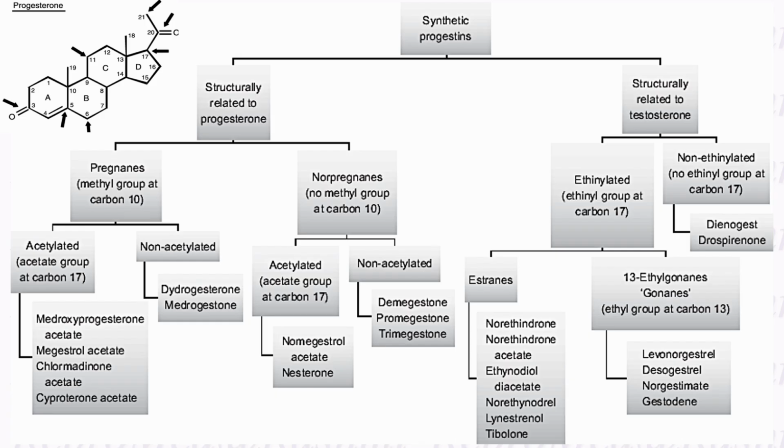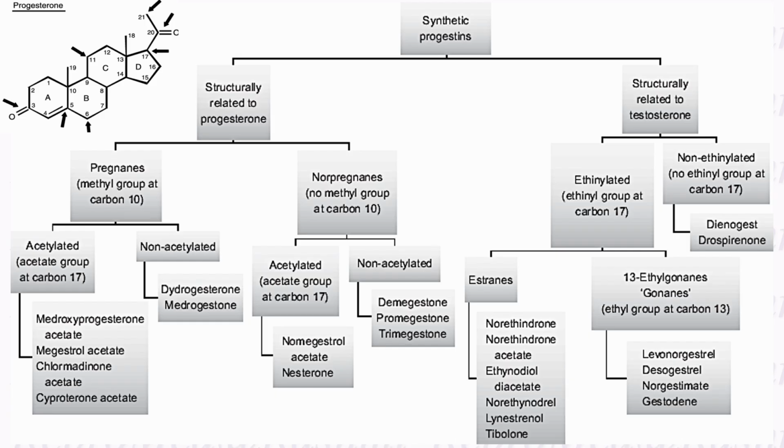Acetylated means an acetyl group at carbon 17, while non-acetylated are those like dydrogesterone and medrogestone. Then the acetylated group means medroxyprogesterone, megestrol, and cyproterone acetate. Coming on to the norpregnenes, where the methyl group is absent at carbon 10, they are similarly divided into acetylated and non-acetylated. The acetylated is nomegestrol and the non-acetylated are demegestone and promegestone, which are not very commonly used in clinical practice.